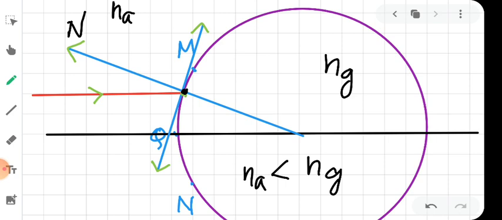So the red light ray travels from a rarer medium into a denser medium.